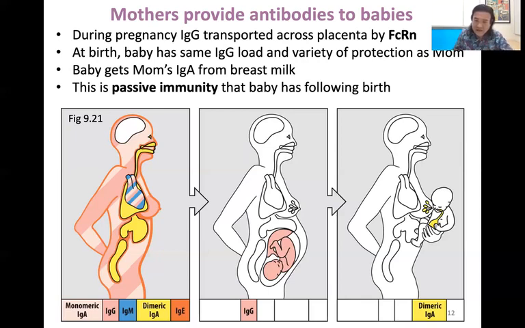You will pass on to your child the complete memory of all the different types of illnesses and diseases that you had to fight and survive, and come up with IgGs. And you'll provide that to your baby so that she doesn't have to do that at birth. Isn't that amazing? Isn't that an incredible evolutionary adaptation?